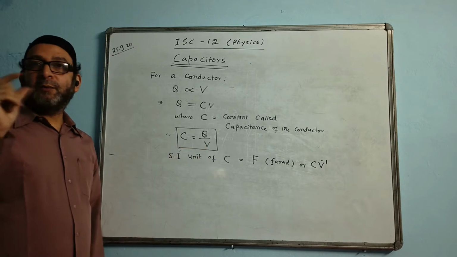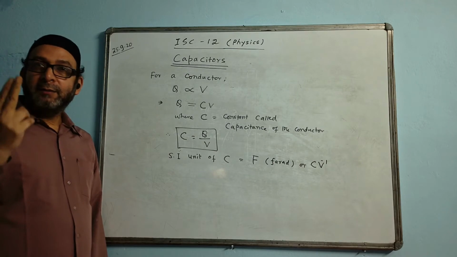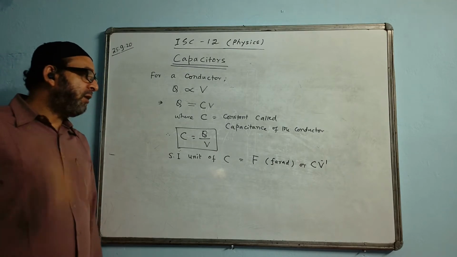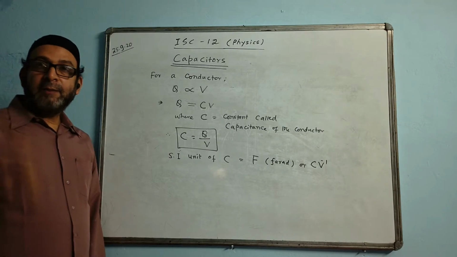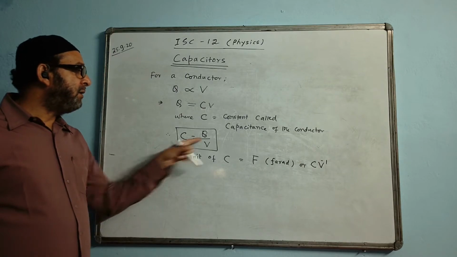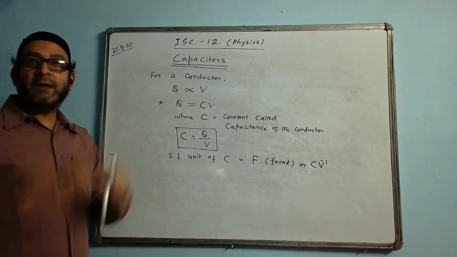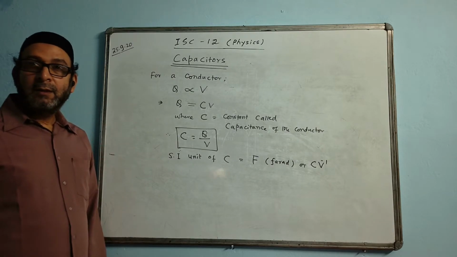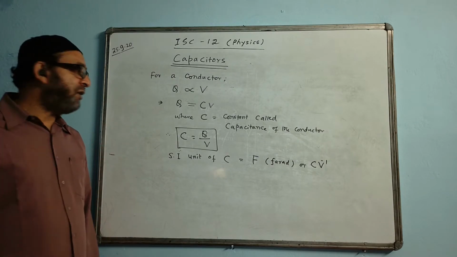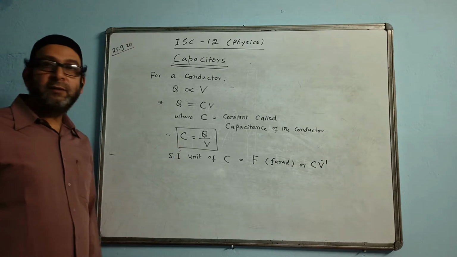That given potential is provided by a cell, a battery. Normally two cells we put in a photographic camera, and it stores a large amount of charge. Those charges will be discharged all of a sudden, producing a spark in the form of flash. We call it flashing. So there mainly we use capacitors.